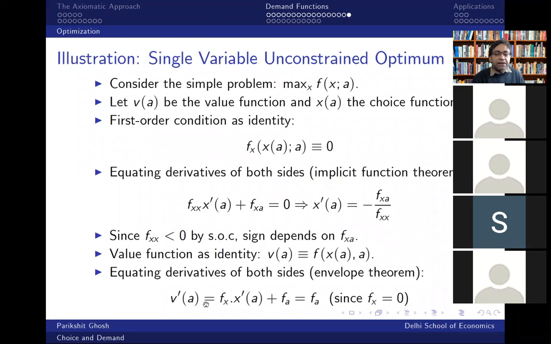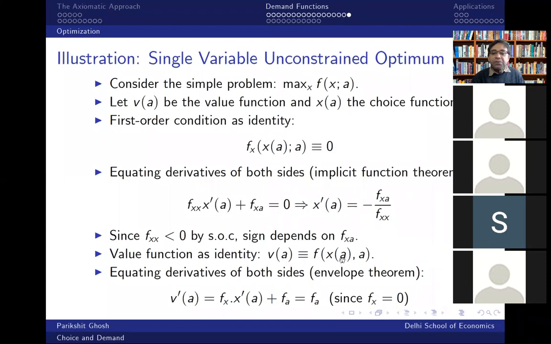So let's do that. v prime of a equals two terms like this. Again, there's a direct and indirect effect. When the parameter a changes, even if x is not adjusted, it directly impacts the value function. That's coming from this part.